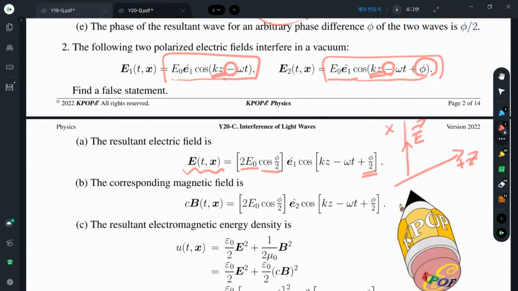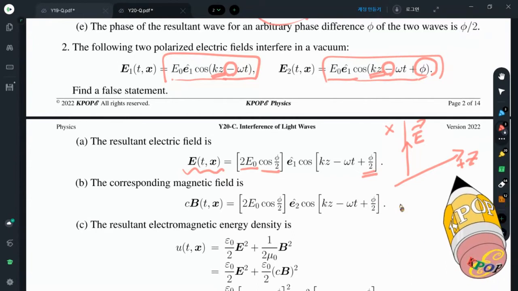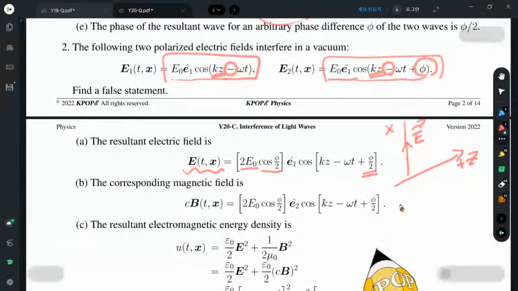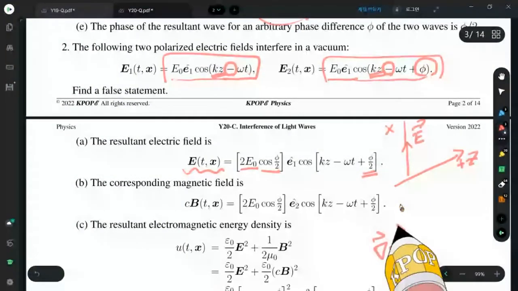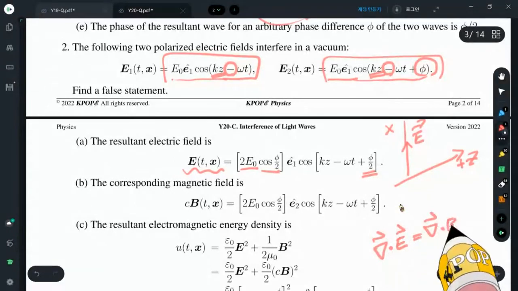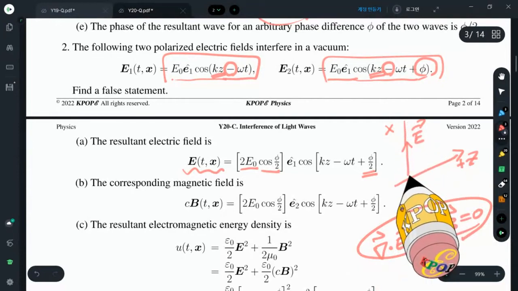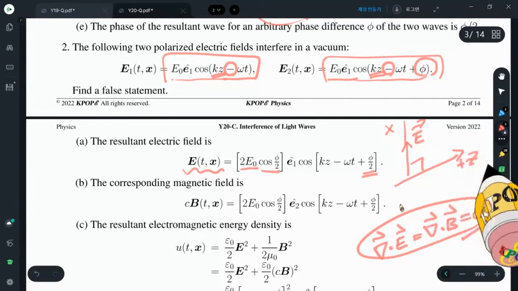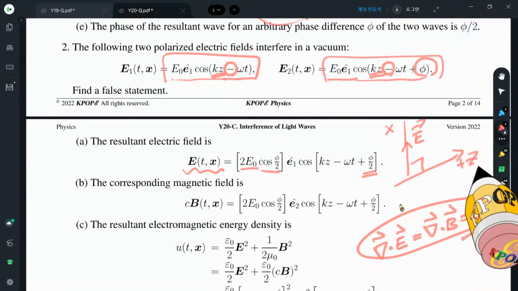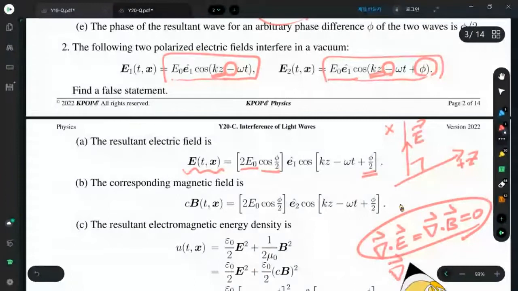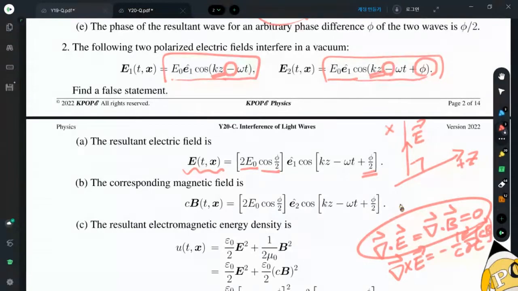Then, according to Maxwell's equation, especially from Gauss' law in vacuum, this shows that electric field and magnetic field are perpendicular to the wave vector, and we have Faraday's law.